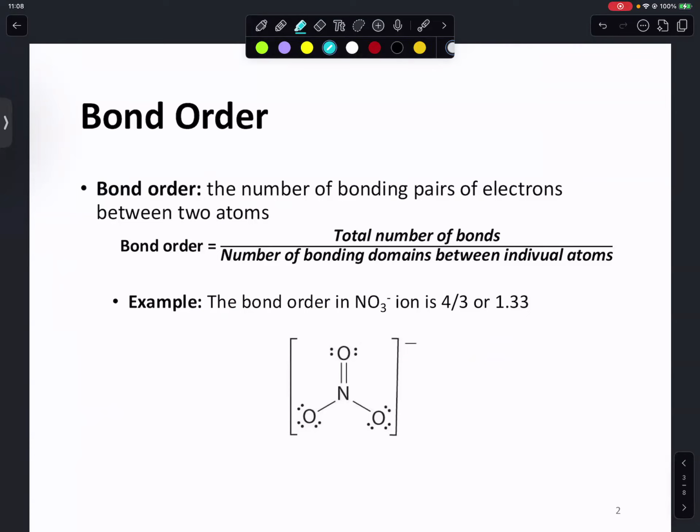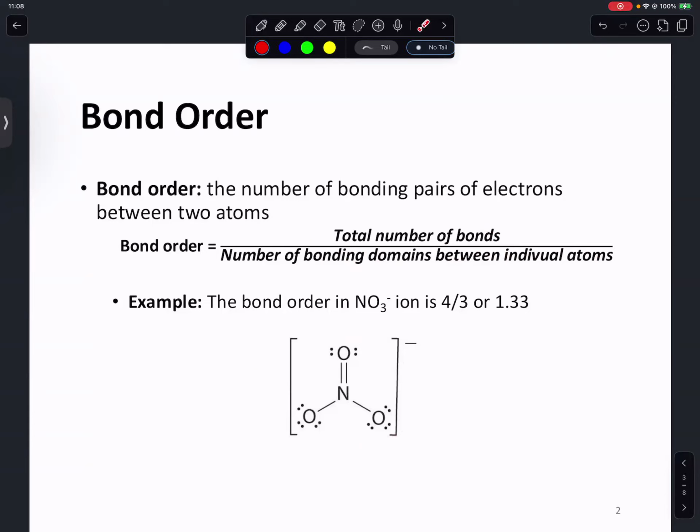Now, how can we calculate the bond order? Using this very simple formula, which consists of the total number of bonds divided by the number of bonding domains between individual atoms. Like, let's look here at this Lewis structure for the nitrate ion.